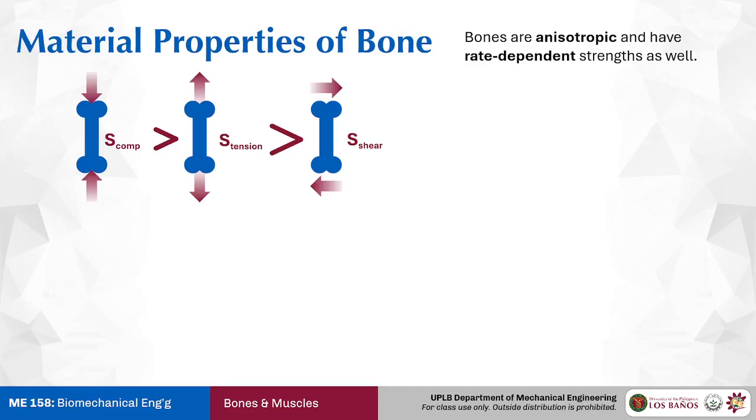So the bone is actually better in compression. It's slightly weaker in tension because, of course, bones, especially load-bearing bones, expect compression coming from our weight. They don't exactly expect to be pulled apart, technically. And of course, bone is extremely weak in shear.